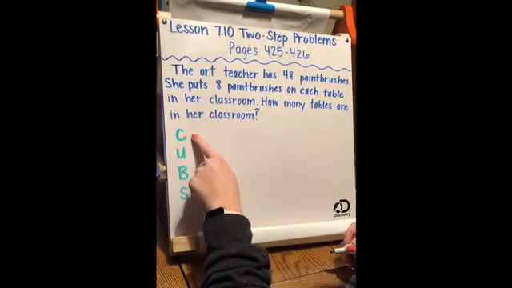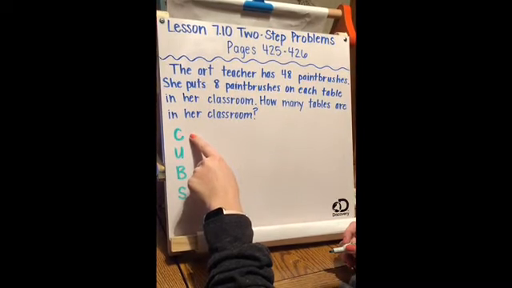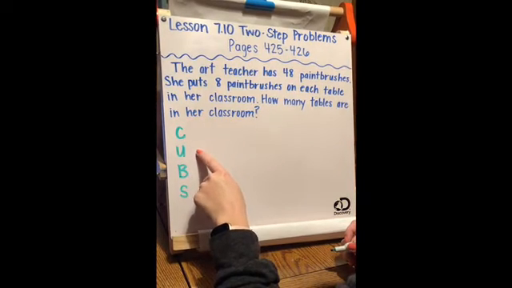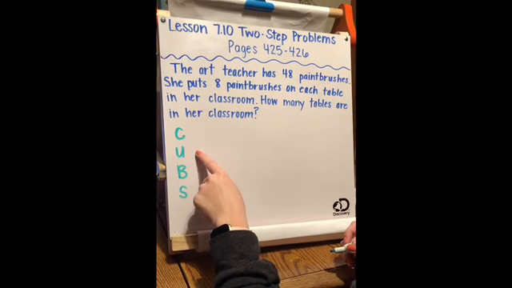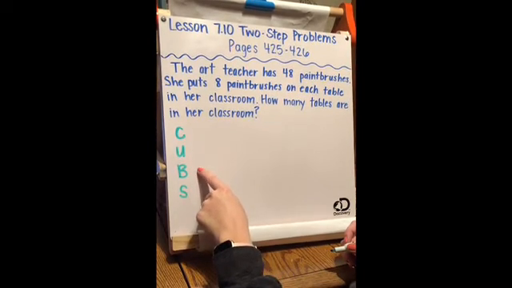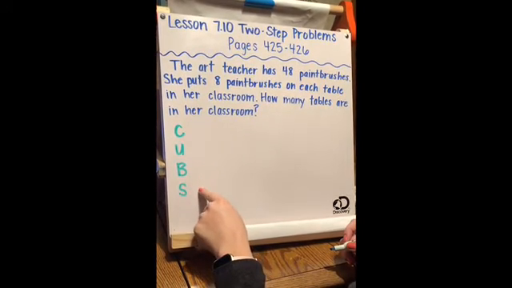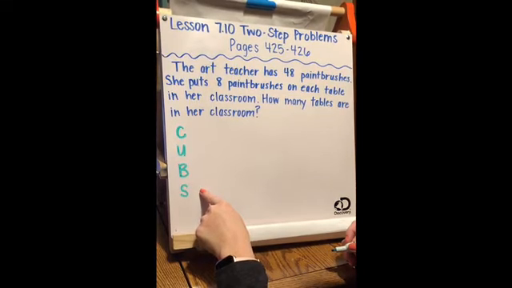So we know the C stands for circling our essential numbers, our question, and our label. The U is understand the operation and choose a strategy. B is to build your equation, and S is to solve your equation and check your work.